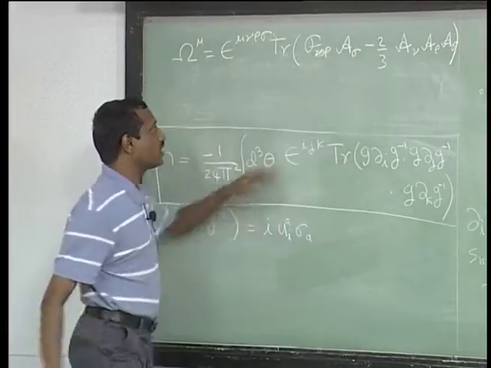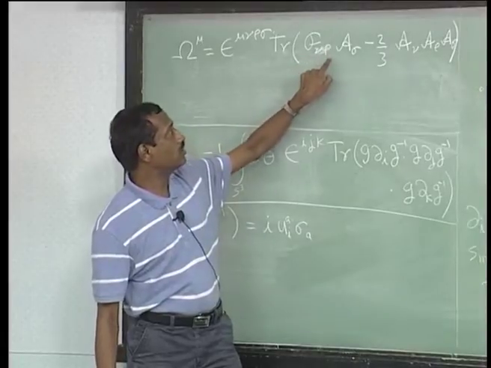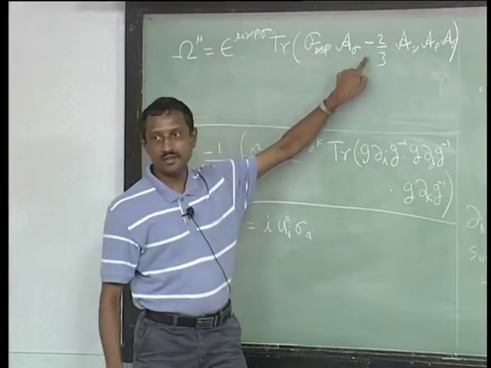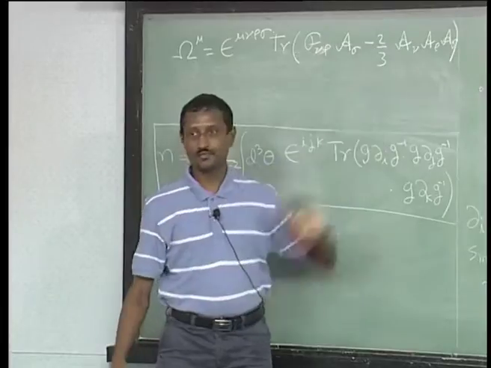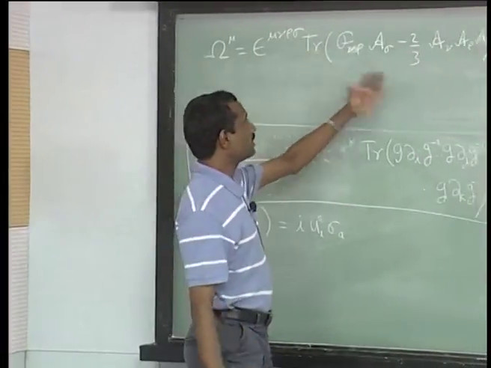So that is another formula you would see, which would have d nu A rho A sigma, minus or plus 2/3 of this thing.